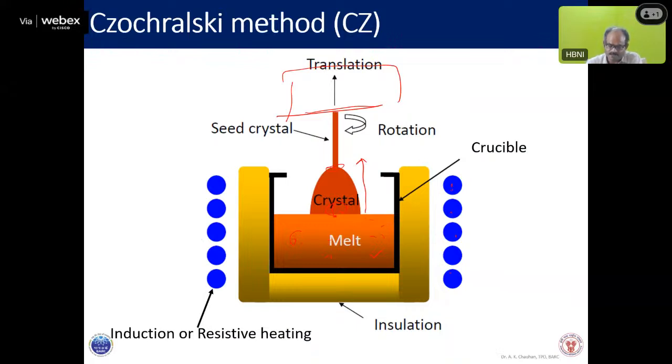By doing this exercise many times, you come to know the exact temperature, and this temperature you keep on controlling using the power supply to this crucible. Once you have found the exact temperature of this melt, which is very close to the melting point, in the ideal situation the seed will be in contact with the melt, but there will not be any weight change.